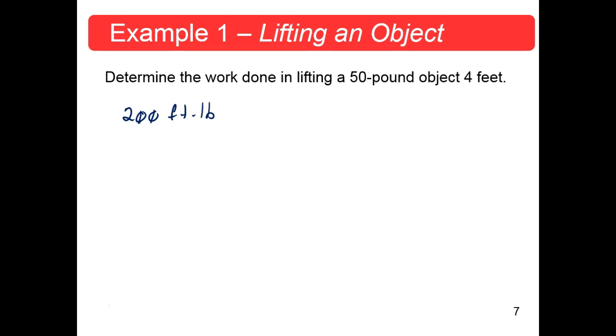And by the way, the reason that's true, if you're lifting it, your force is upward. And of course, the 50 pounds is its weight, which is caused by the gravitational force, which is pulling downward. So your force is in the same direction of the displacement. Okay? So yeah, that's just simply 200 foot-pounds.